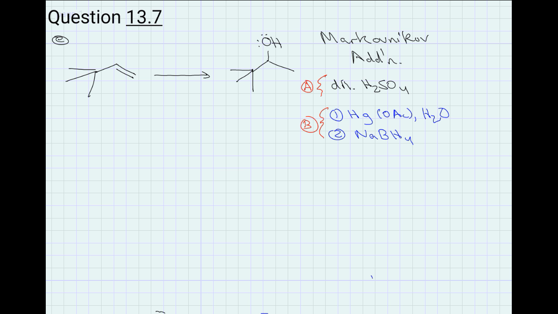Well, yesterday we talked about sulfuric acid. It's a lot easier to work with than mercury, which is a toxic compound. So why wouldn't we want to use dilute sulfuric acid? If you use dilute sulfuric acid, you're going to have hydronium ions in solution. So instead of drawing H+, I will actually draw this out.